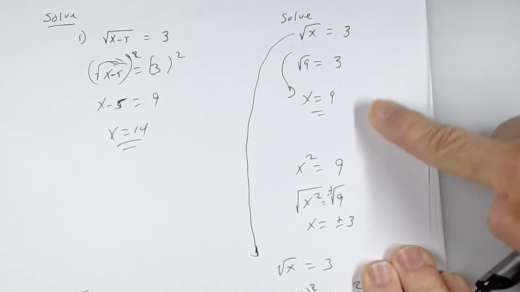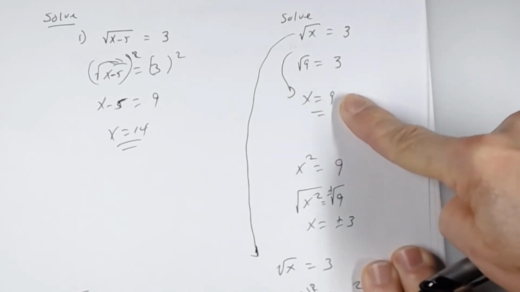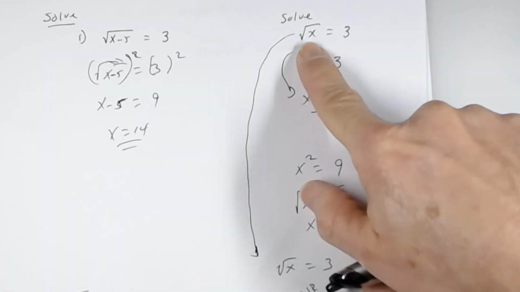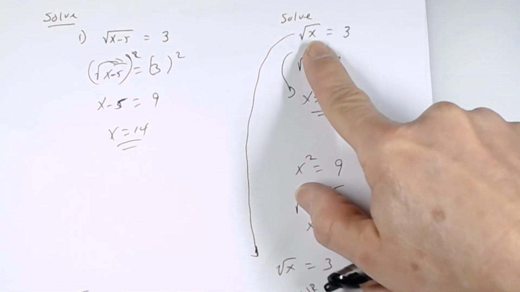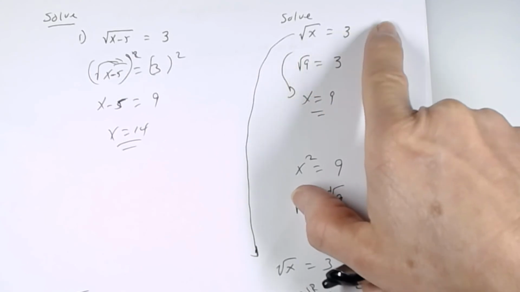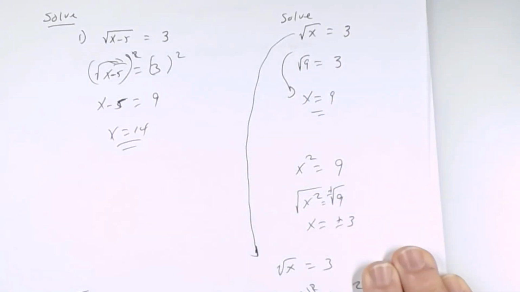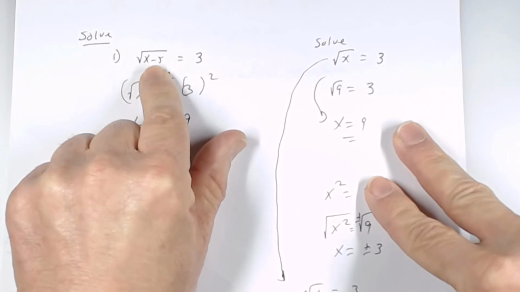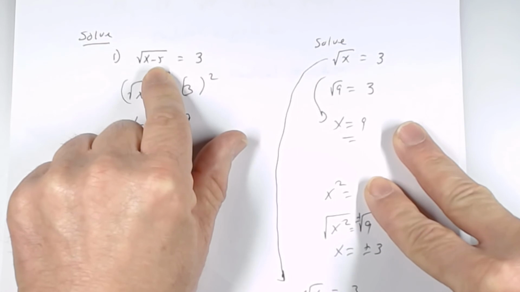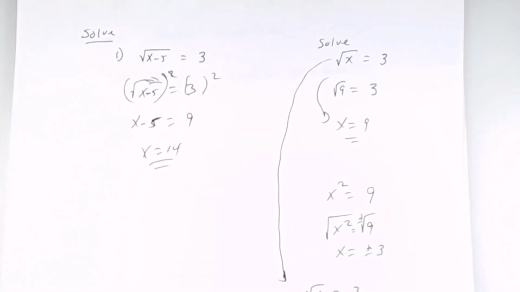And it makes sense because if I said plus or minus, I know that's not true, because the square root of -9 is not 3. Only the square root of 9 is what? 3. And how did you check if it was correct? You go back to the original. 14 minus 5. What's 14 minus 5? 9. And what's the square root of 9? 3. Okay?